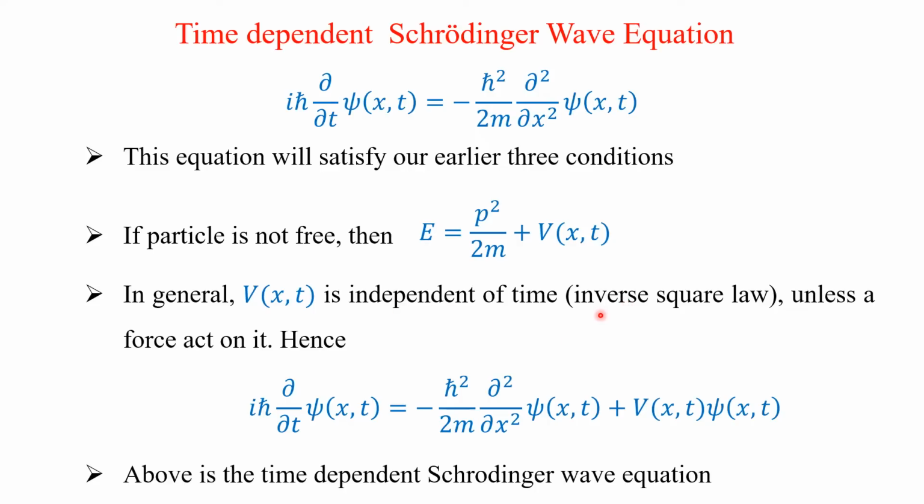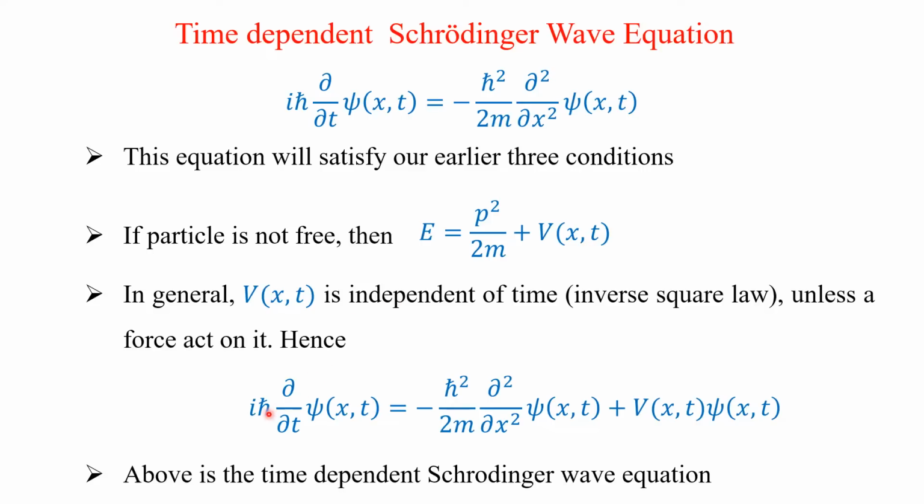Generally it will be taken as independent of time, and here we are considering that it depends on time, because this potential is independent of time unless a force acts on it. So if a force acts on it, then it will be time dependent.